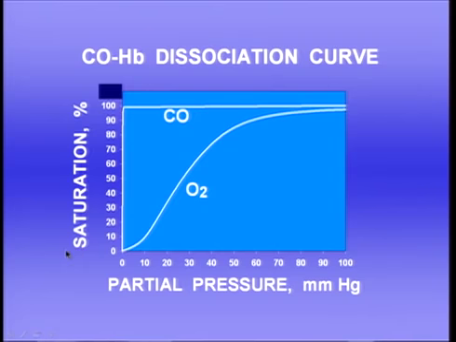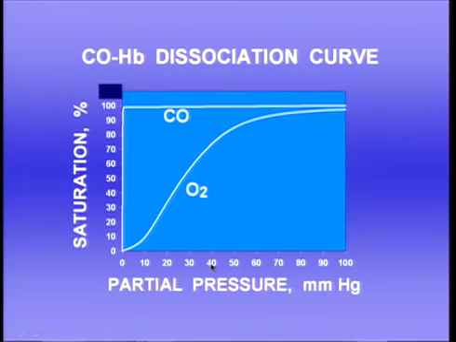In other words, carbon monoxide has an extremely high affinity for hemoglobin, about 240 times the affinity of oxygen. So if you change this scale here, if you magnified it by 240, you'd get the dissociation curve of carbon monoxide.